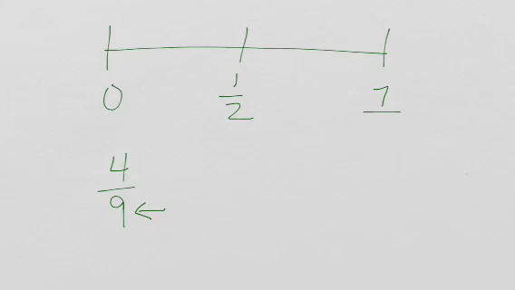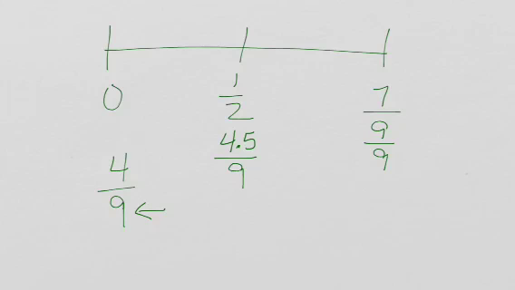So half of 9 is actually 4.5. Okay? So, thinking about my number line, I know that I would have 9/9 over here. This would be 4.5/9.